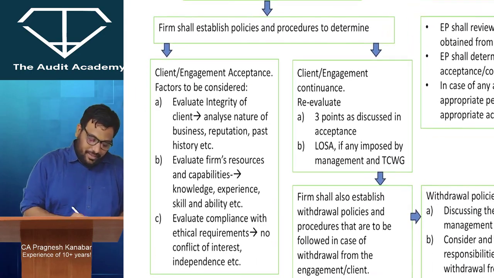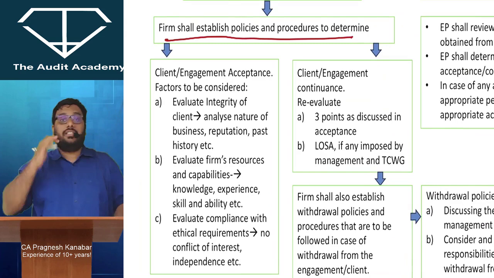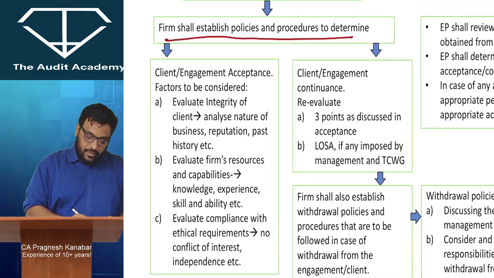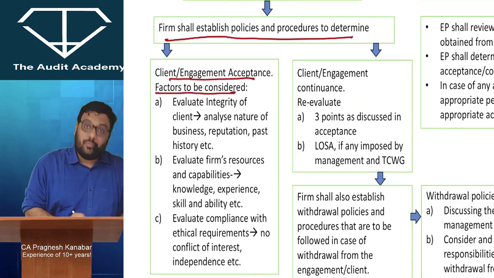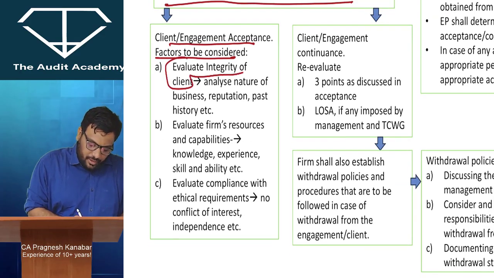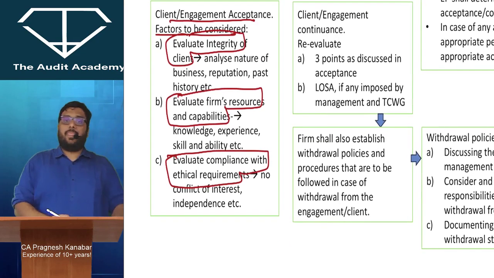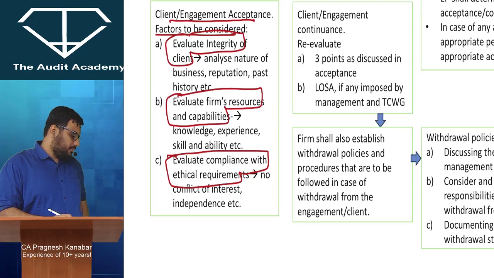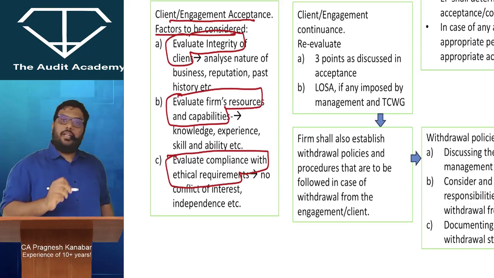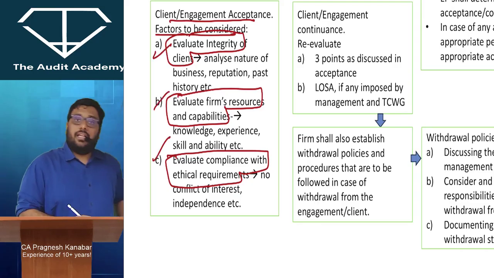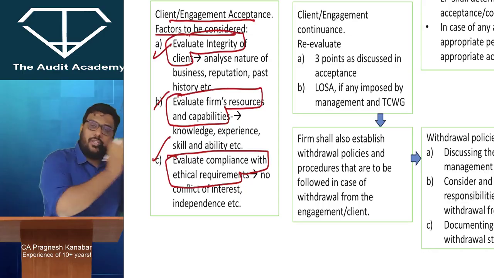So everyone over here, firm shall establish policies and procedures to determine client engagement acceptance factors to be considered: integrity of the client, firm's resources and capabilities, and compliance with ethical requirements. Now listen to me very carefully. All of these 3 can be asked as a separate examination question also.